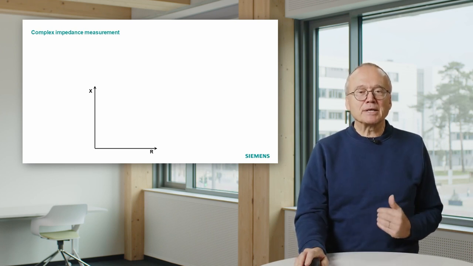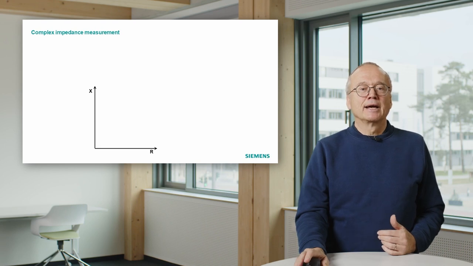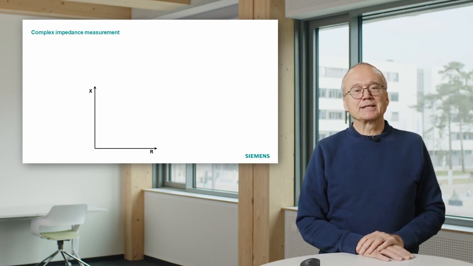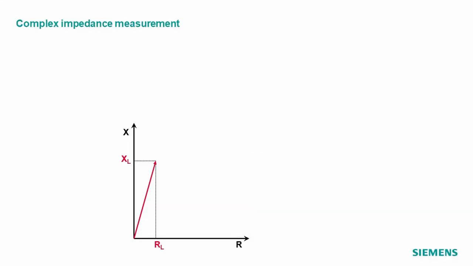That means the impedance of a line can be represented in this form as this red arrow, just indicating that it has the line resistance RL and the line reactance XL.